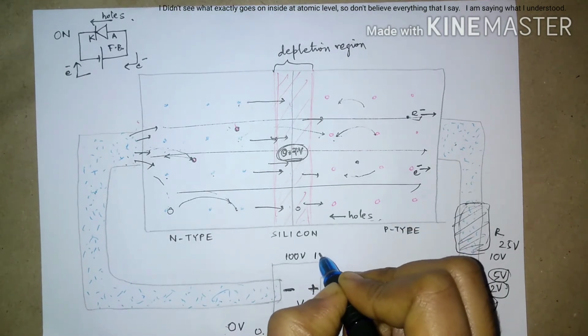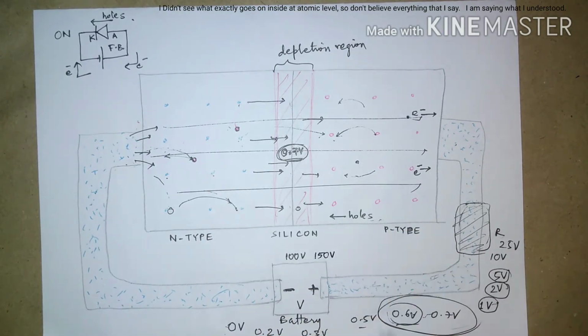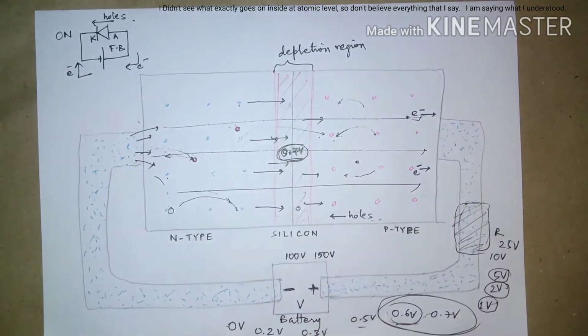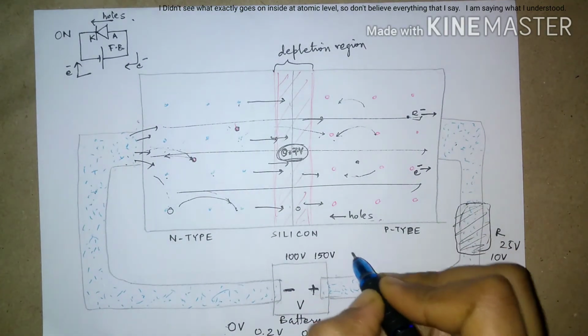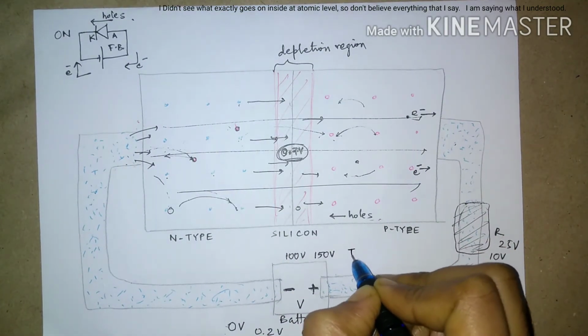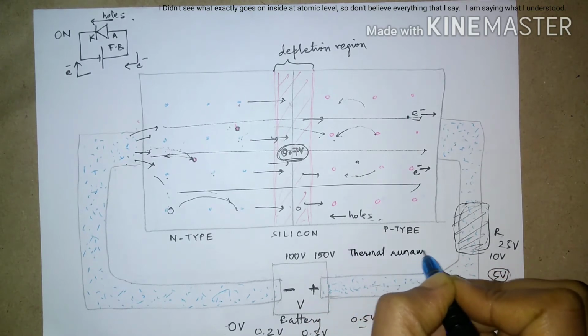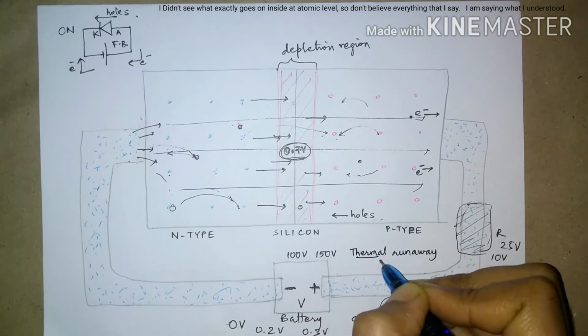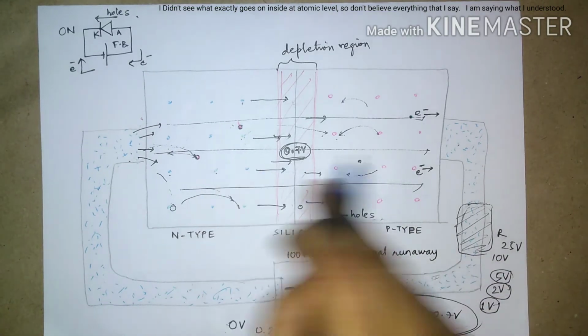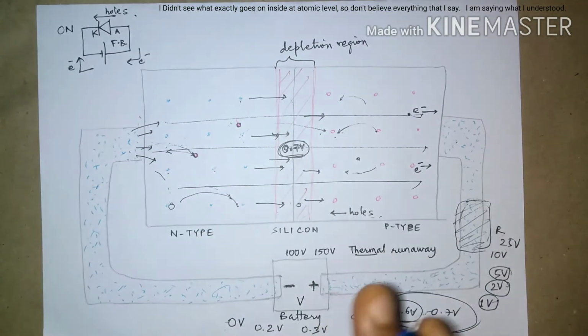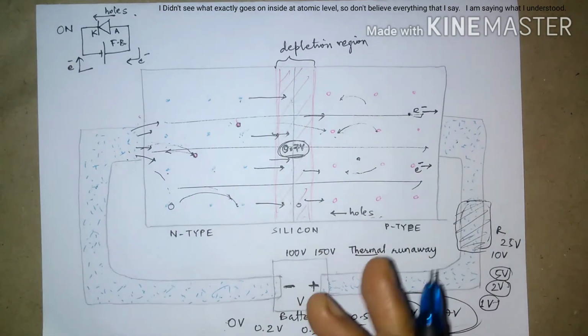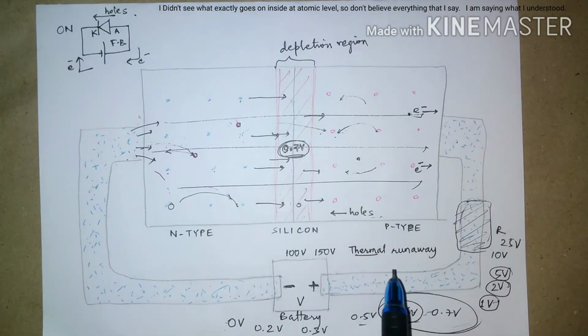So as you move from 100 to 150 volts, this becomes even more heated up. So there it reaches thermal runaway, where it cannot withstand the heat and it starts to malfunction. It destroys itself, it gets destroyed or damaged. It won't be a diode.